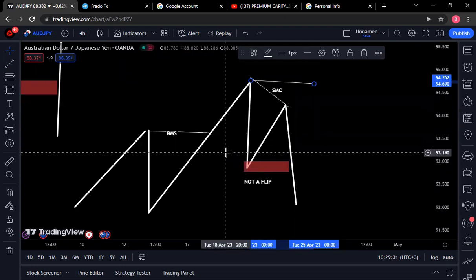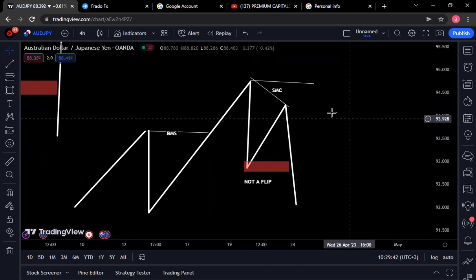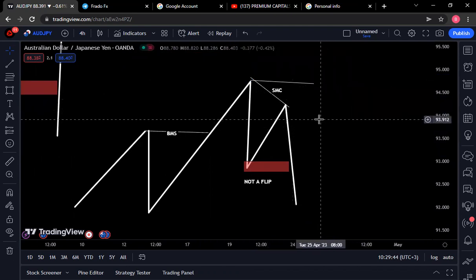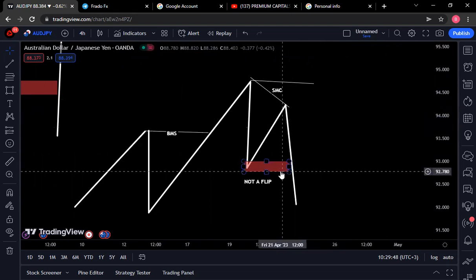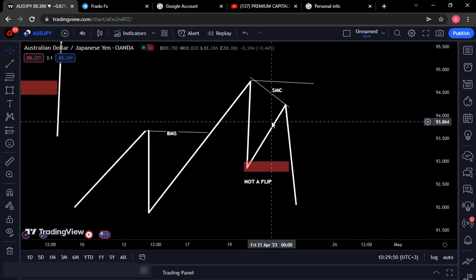Because for you to have a demand or supply, you must have BMS and IFC. Here we just have IFC, but we don't have BMS. So instead, price made what we call SMS, shift of market structure. So here this is not a FLIP, this is just a CHOCH.